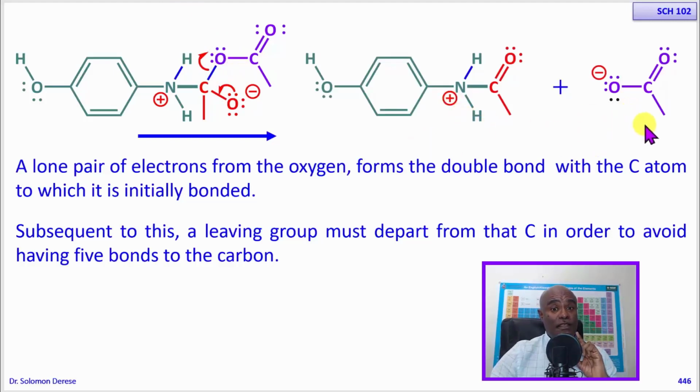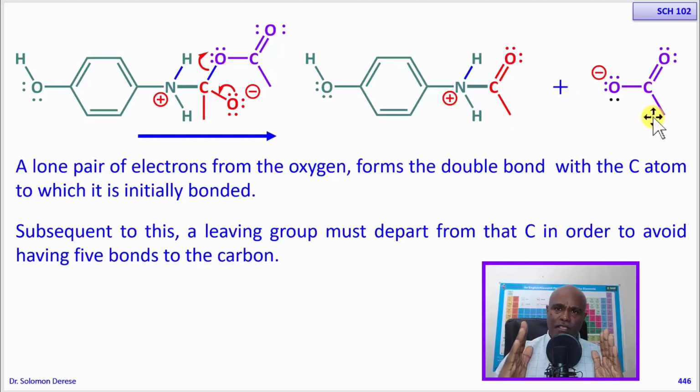Now look at these intermediates. In here, we had an oxygen negatively charged and a nitrogen positively charged. This is positive 1, this is negative 1. What is the net charge? 0. Even in the intermediate products that are formed, one intermediate is positively charged and the other is negatively charged. +1 and -1, neutral.